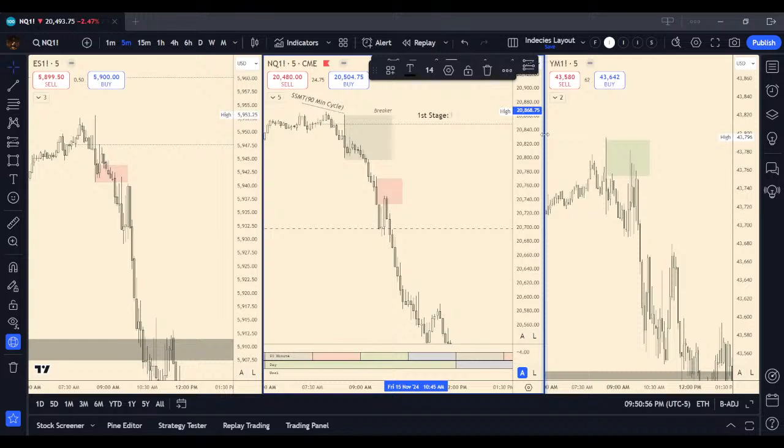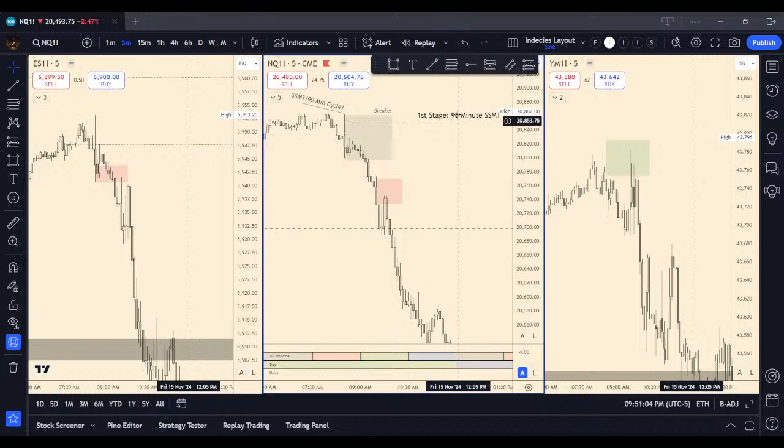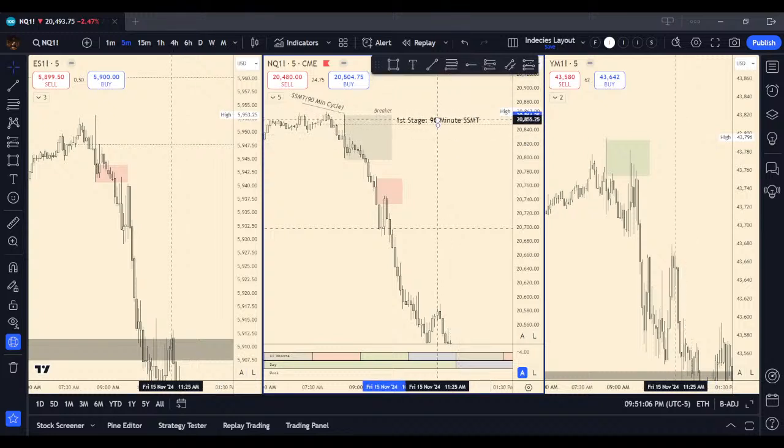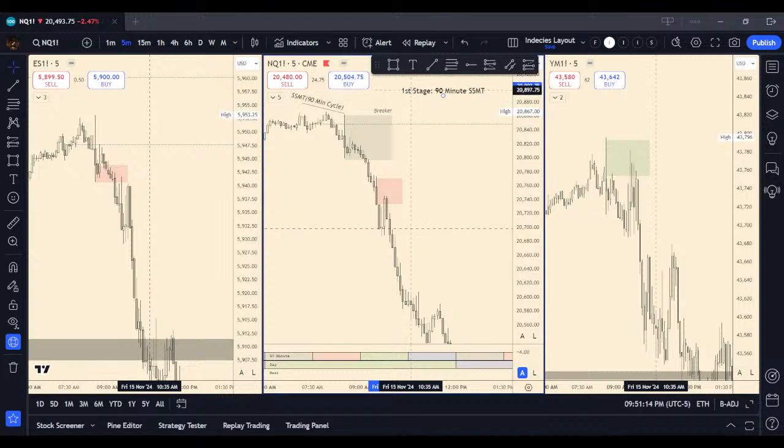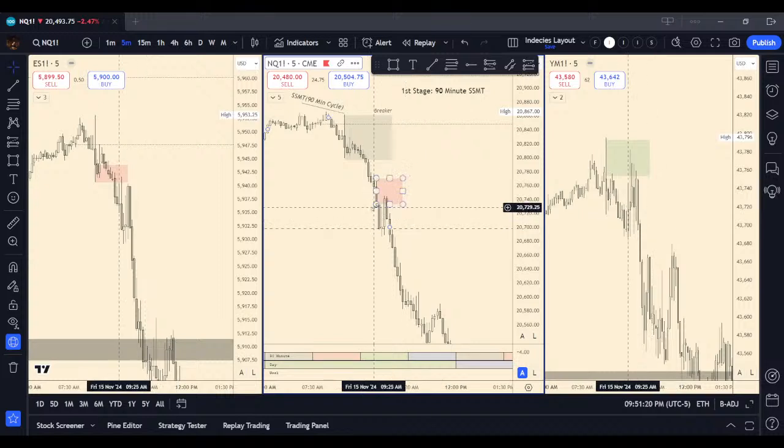We don't get to this stage, but the first stage would be just a 90-minute sequential SMT. Because even if there are no red folder news events, and this was also connected to doubling theory, which is why the move was so massive, we don't really need to add all those confluences, because moves like this only happen a couple times out of the month.